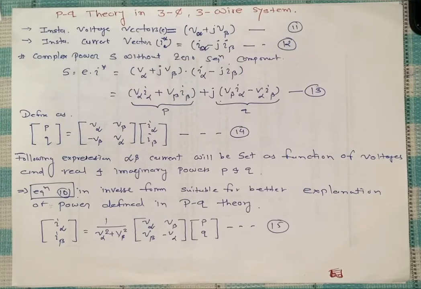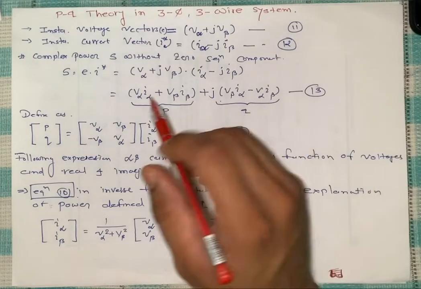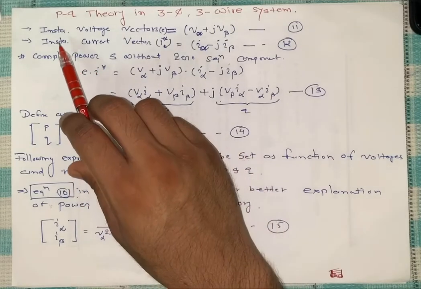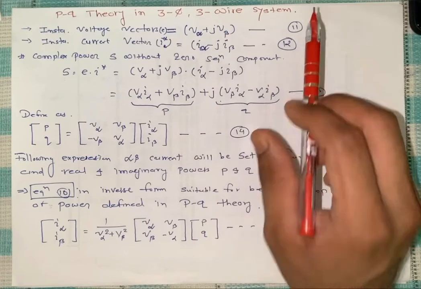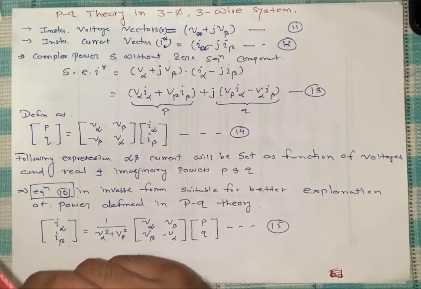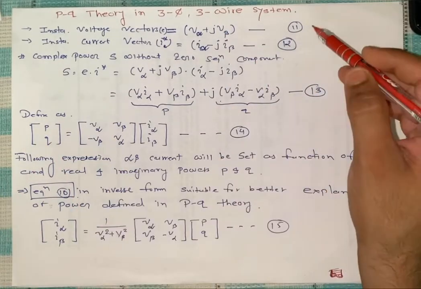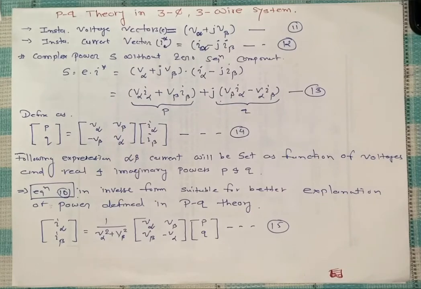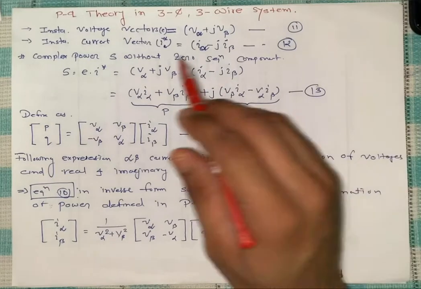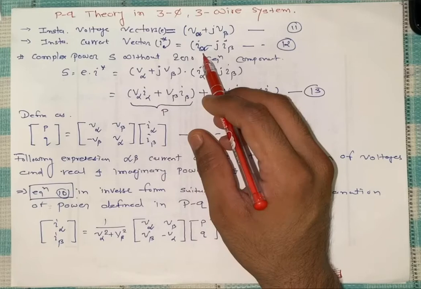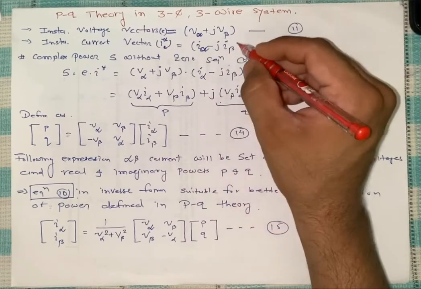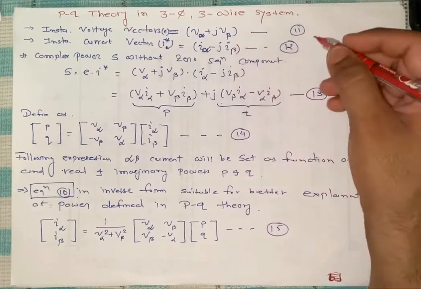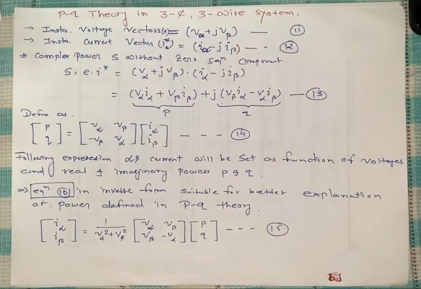So we consider the vector form without the zero sequence component. The instantaneous voltage is V alpha plus j V beta, equation number 11, continuing from equation number 10. And the instantaneous current conjugate is I alpha minus j I beta, equation number 12.